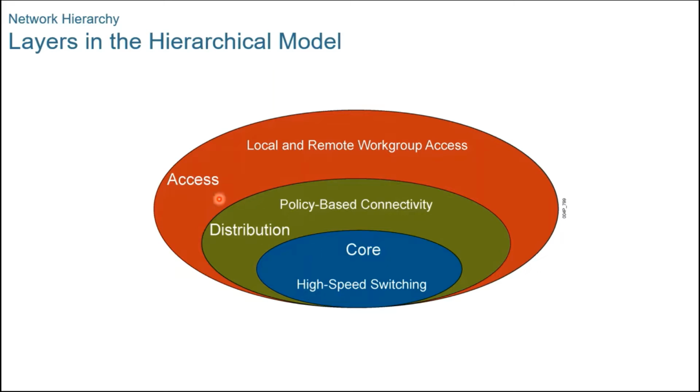Each hierarchical layer focuses on specific functions, thereby allowing the network designer to choose the right systems and features based on their function within the model. This approach helps provide more accurate capacity planning and minimize total costs.